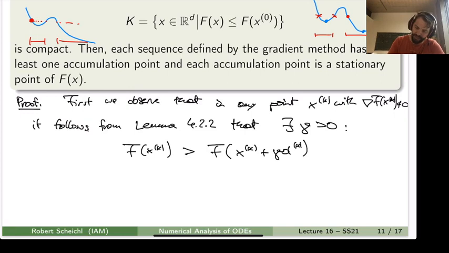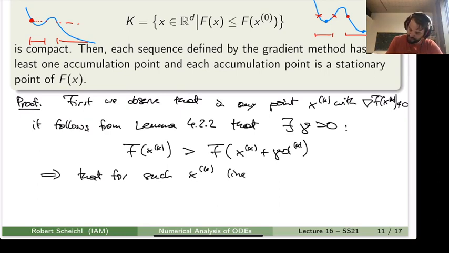So this implies that for such an xk, the line search obtains a positive alpha k, so strictly positive alpha k.